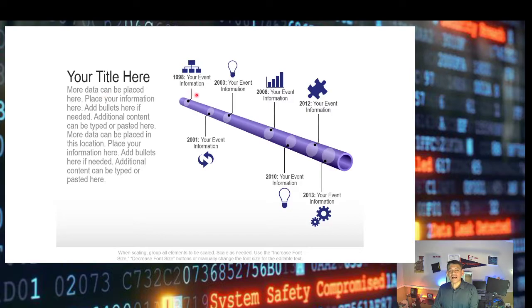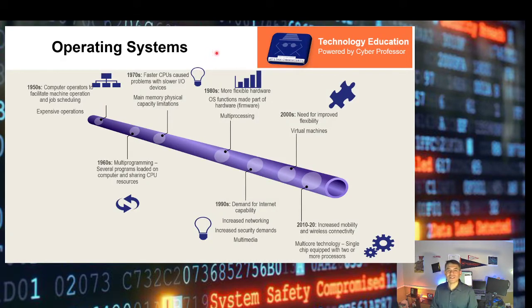So here you will see a little bit of the sequence of events. Disregard this note here. A sequence of events that took place in the last few years. Actually, this is not the right slide. This is the one. So the operating systems and the dates that are associated with the evolution of the operating system.